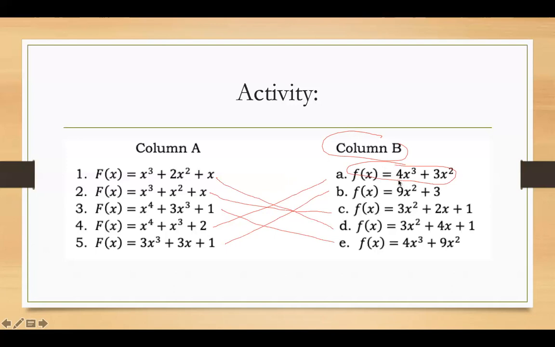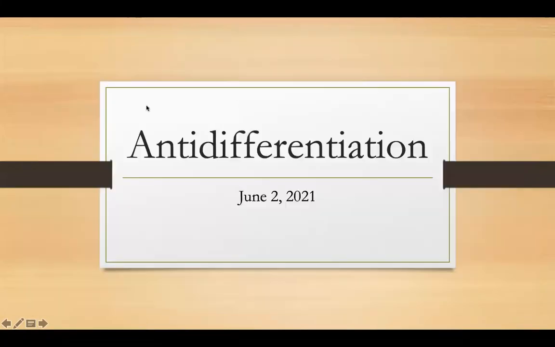Our challenge now is to find the original function before we solved the derivative to get this specific derivative, our f prime of x. That is why we will be talking about anti-differentiation.